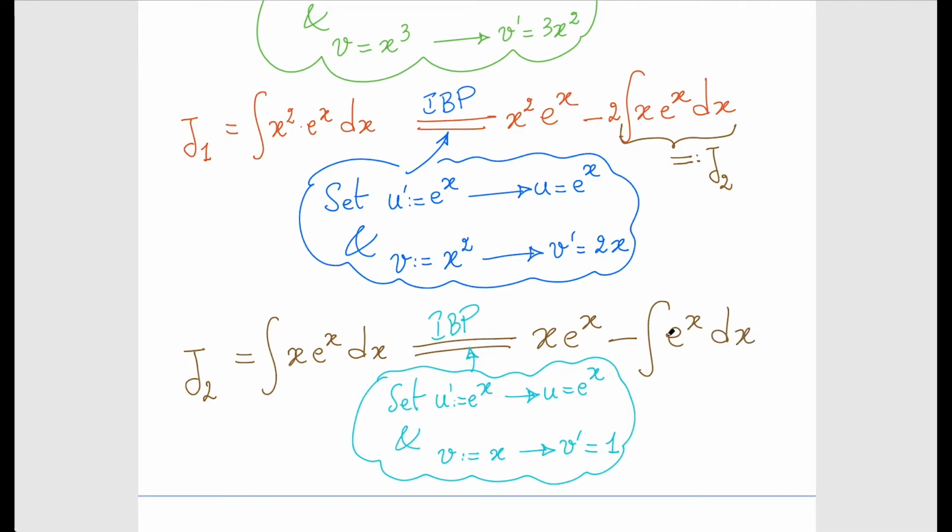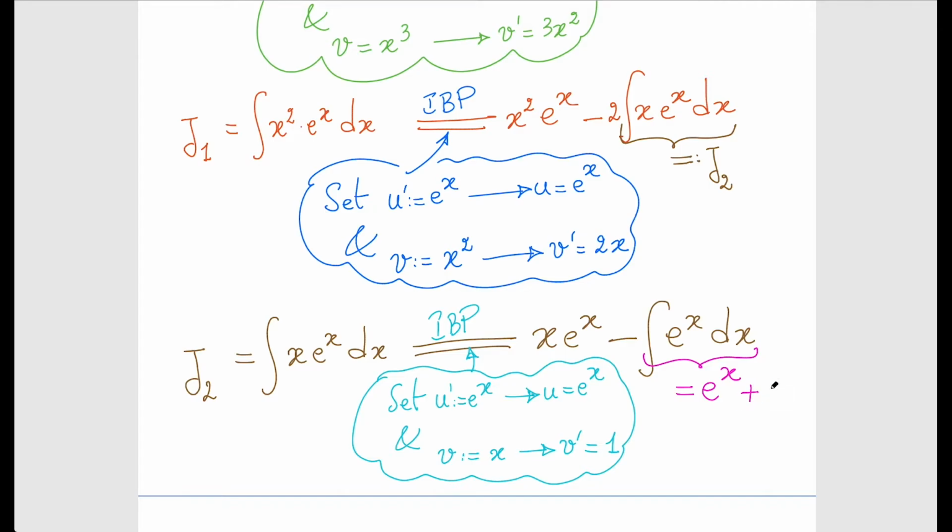And now, as we discussed before, the power of x is down to 0, which means 1, so we're done. And then this is an easy integral. What is this integral? It is e^x plus an arbitrary constant.